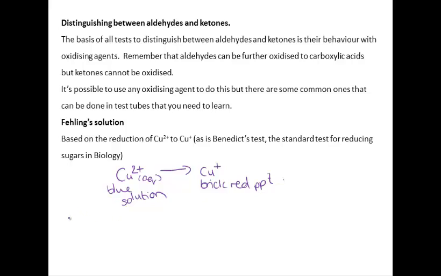For the half equations, to remind us of some redox chemistry from previously, we start off with our Cu2+ in an alkaline solution. These are all the species that are present, Cu2+, OH-, the copper oxide and the water, so we need to do some balancing here.